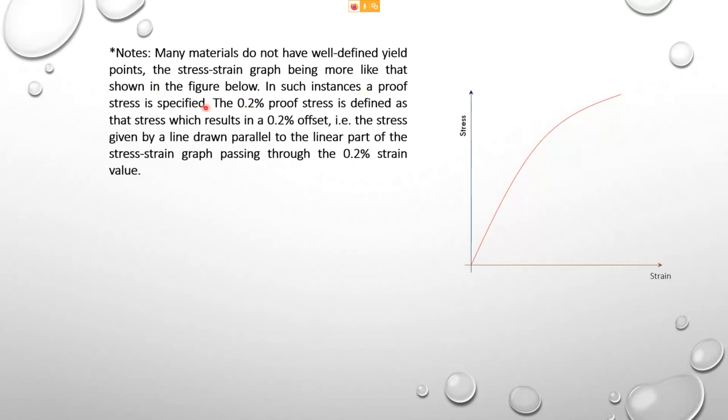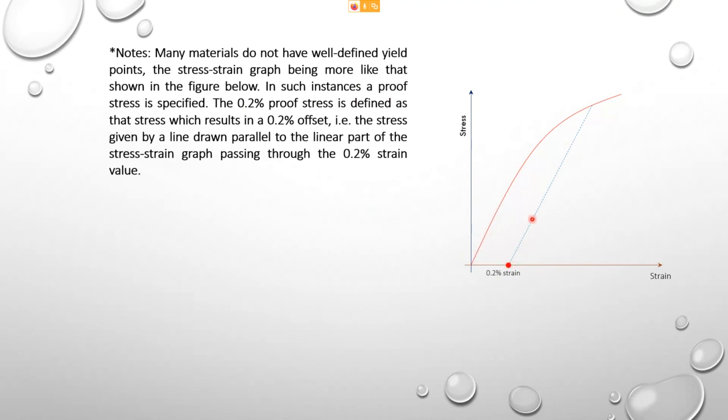proof stress method. So what you need to do is, let's say they say 0.2%. Based on this, you have to take 0.2%, so you have to measure 2/100 of the original length. From that point, you draw a line parallel to this line here.